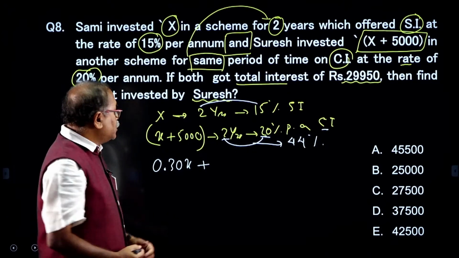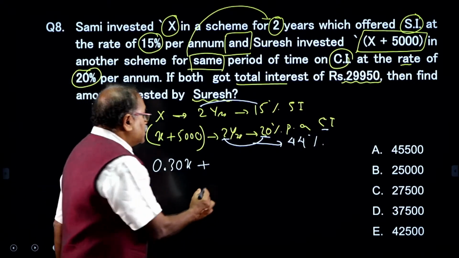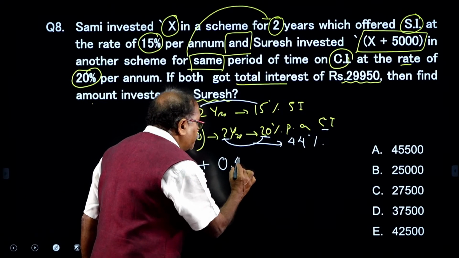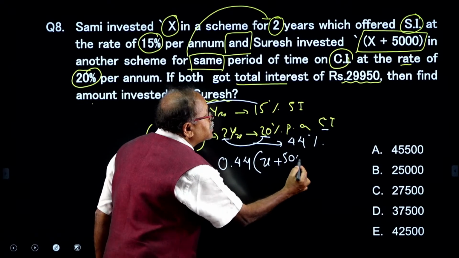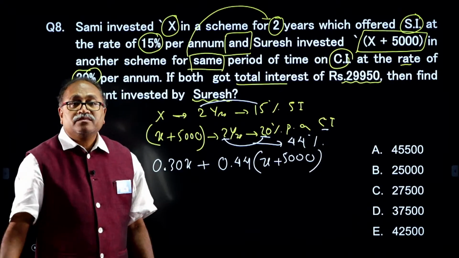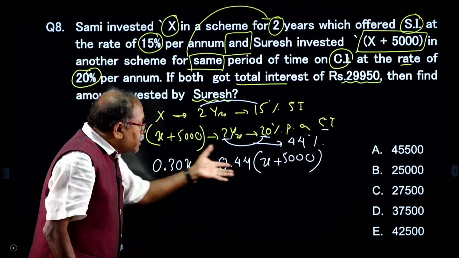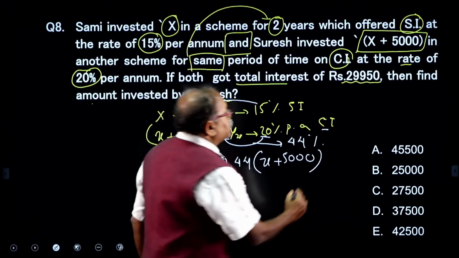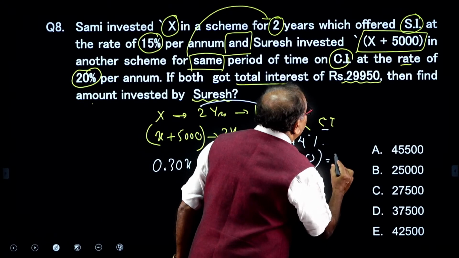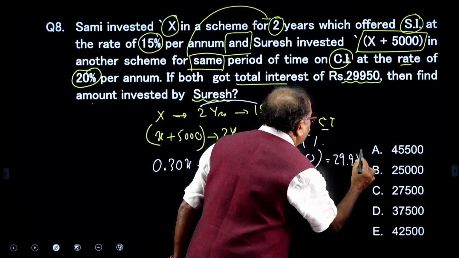So, 44% of this, that means 0.44 of X plus 5,000. Adding these up, you get the total interest, 29,950.